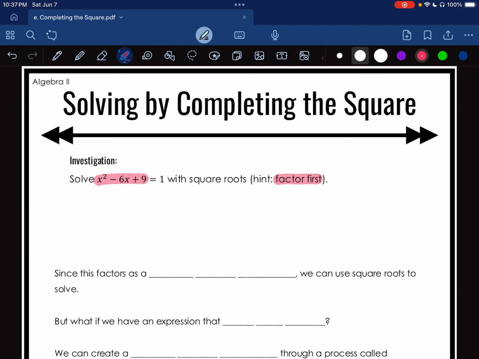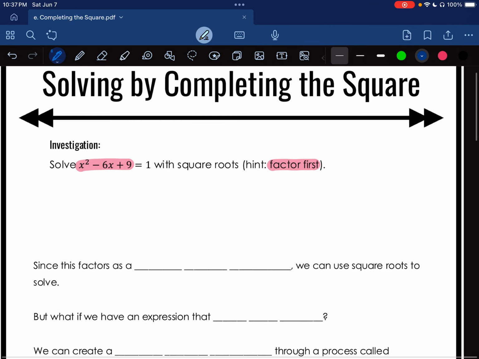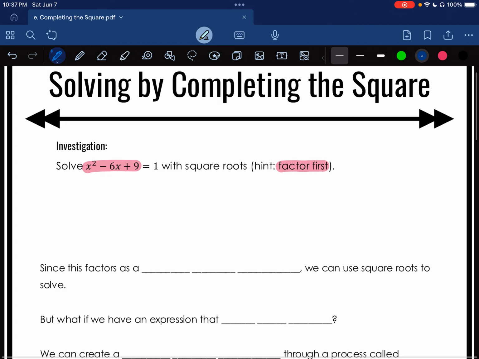All right, so what we're doing here first is what's known as a perfect square trinomial, right? In a perfect square trinomial, we have a squared plus 2ab plus b squared. I'll put a plus or minus here because it could be a negative sign too, right?